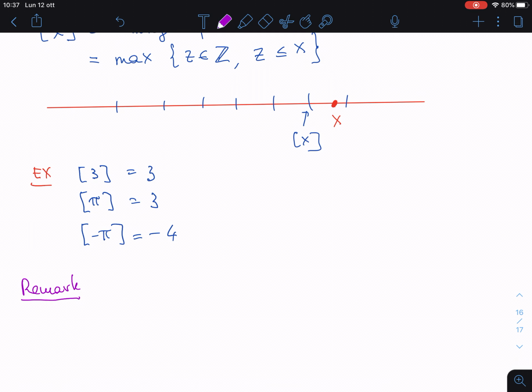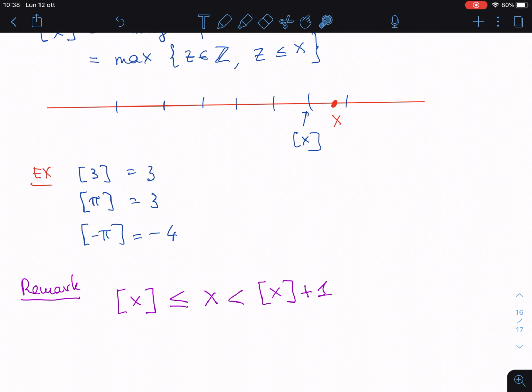So this is the double inequality: integer part of x less than or equal to x, which is strictly less than integer part of x plus 1. So be careful, because this is strictly less than. Okay?